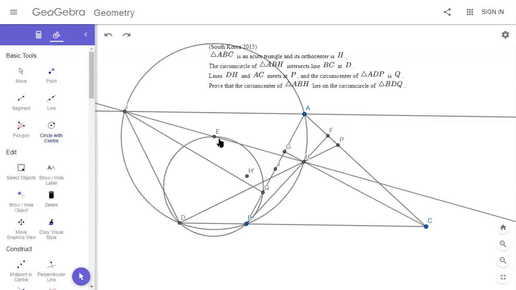But yeah, it's so weird. We're trying to show Q's the circumcenter, but I can't even show it's equidistant from 2 out of the 3 points.